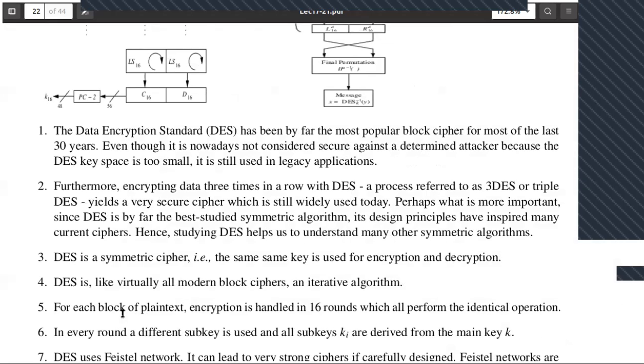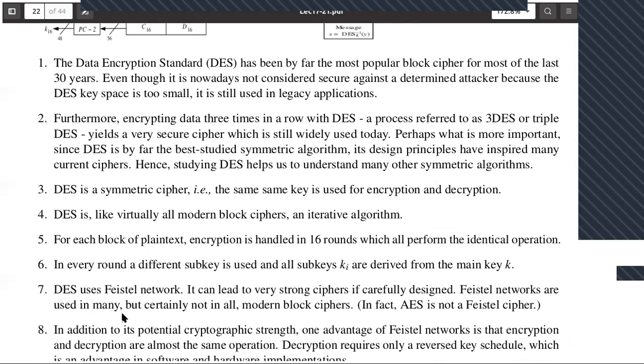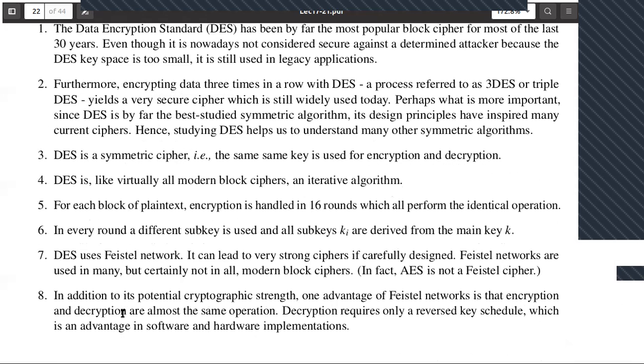The Data Encryption Standard has been the foremost popular block cipher for the past 30 years, even though nowadays it is not considered secure against a determined attacker because the DES key space is too small. It is still used in legacy applications. There is 3DES or triple DES that people are still using. It is a symmetric cipher.